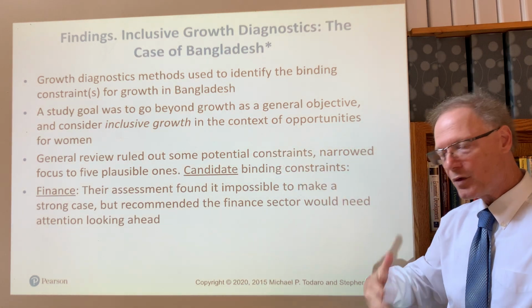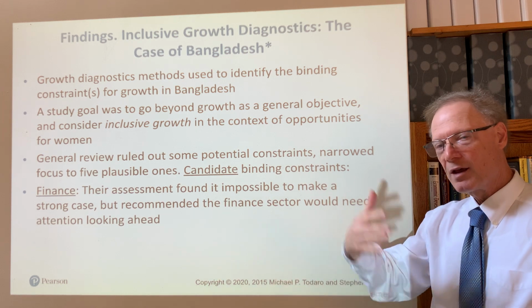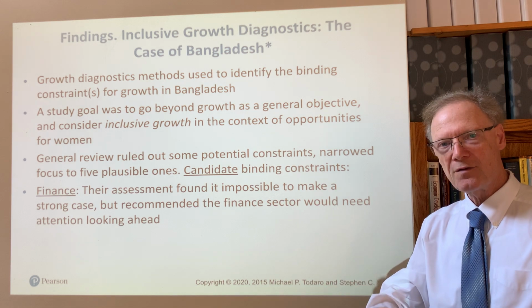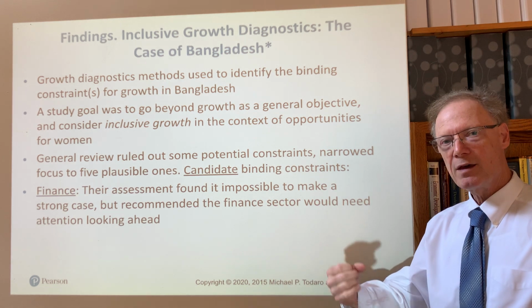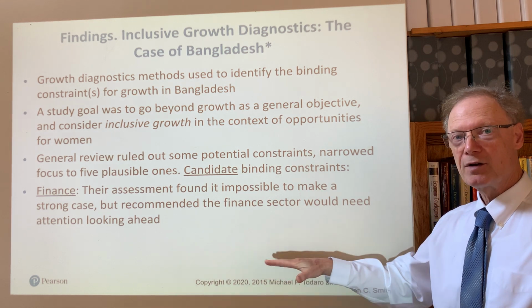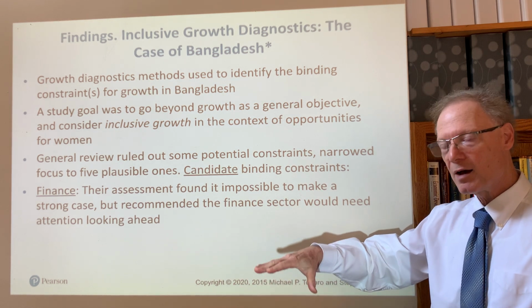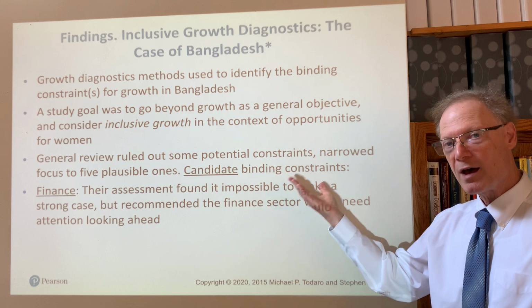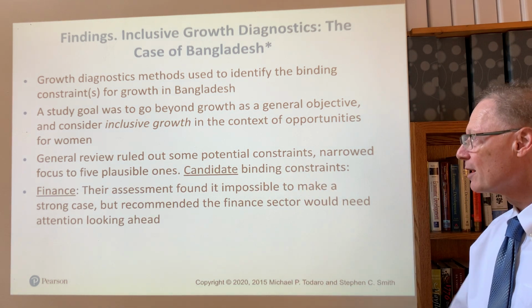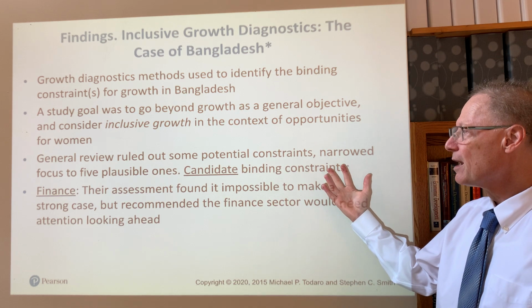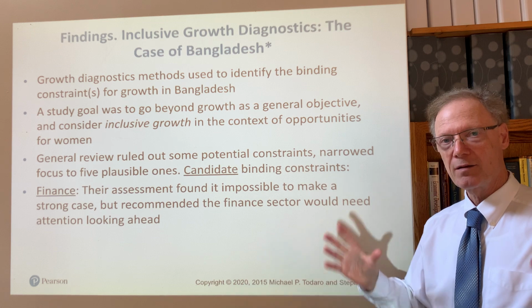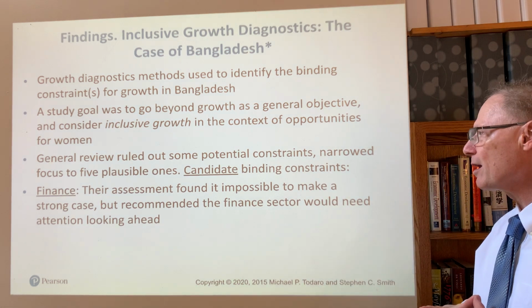So not just think of constraints on investment and hence on growth, but think about constraints on investment that would have the differential effect, perhaps, of lowering opportunities for women or keeping opportunities for women from rising to the same degree as it may have been doing for men. And so they proceeded, and they were able initially to rule out some of the constraint boxes, if you want to say that.